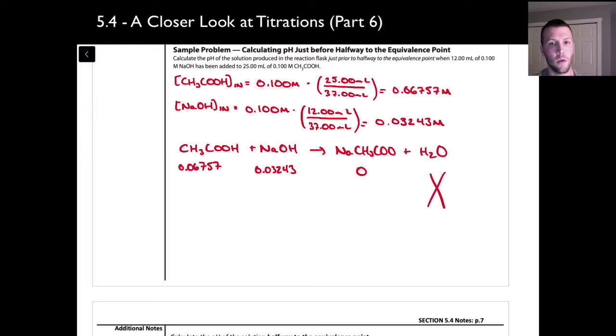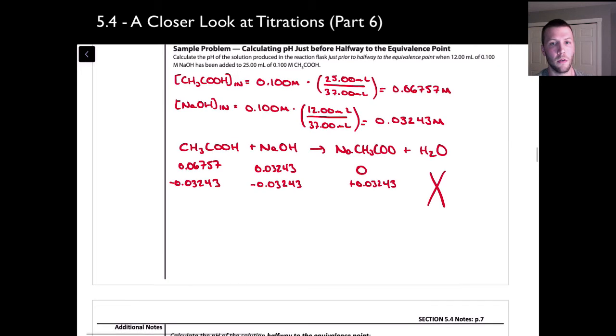I'm going to ignore water in my ice table, as always. And as we can see here, my acetic acid is in excess over my sodium hydroxide. That makes sense, I'm not at the equivalence point yet. So the sodium hydroxide is going to be completely neutralized.